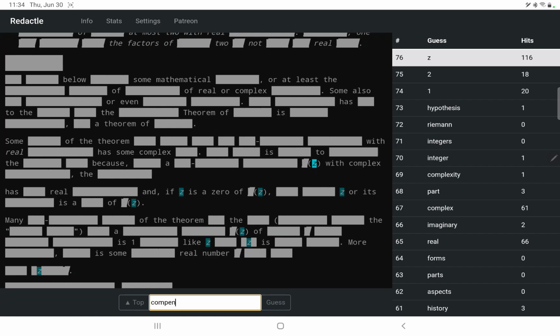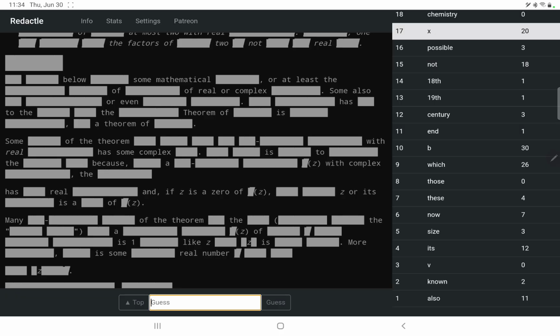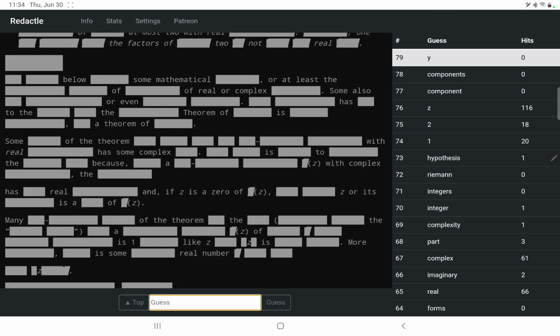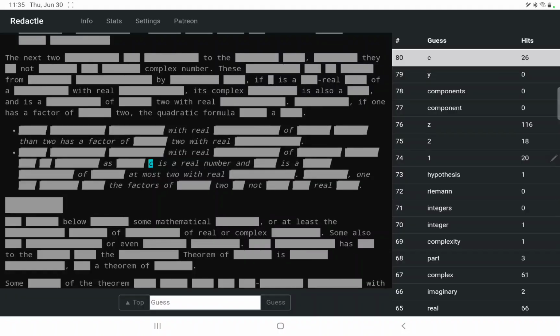Did I do component? Did I spell it right? No component. How about components? No, none of those either. I think I did X, yeah, but let's do Y just for completeness. No. How about C? 26 C's.